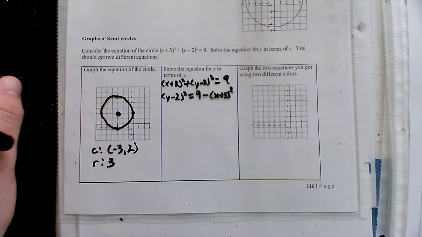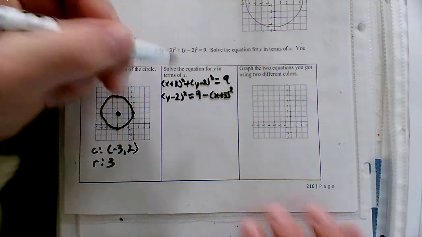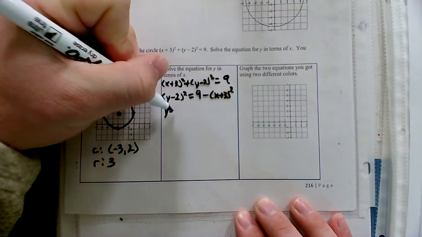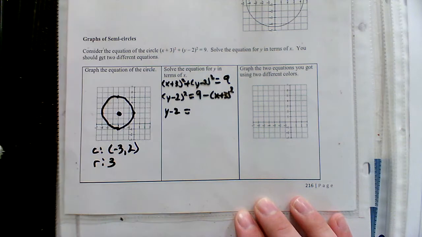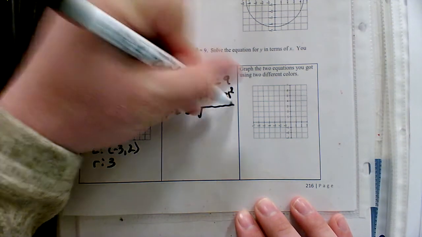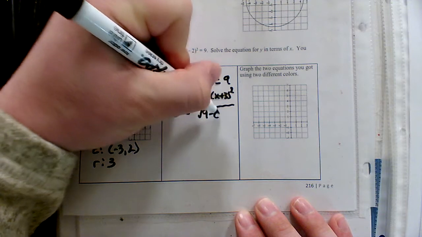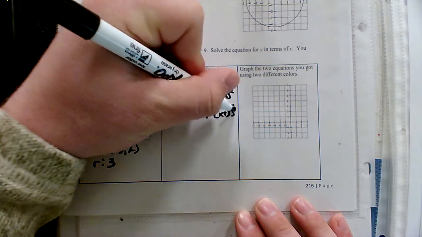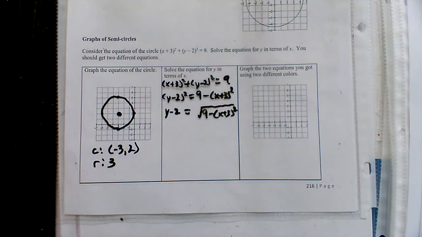Now what do you think I need to do to both sides? Square root of both sides. If I do that, that gets rid of the square on this side. So I'm left with y minus 2. And on the other side, I don't just have the square root of all of this. What else do I need to put on this side? I'm missing something. Plus or minus.